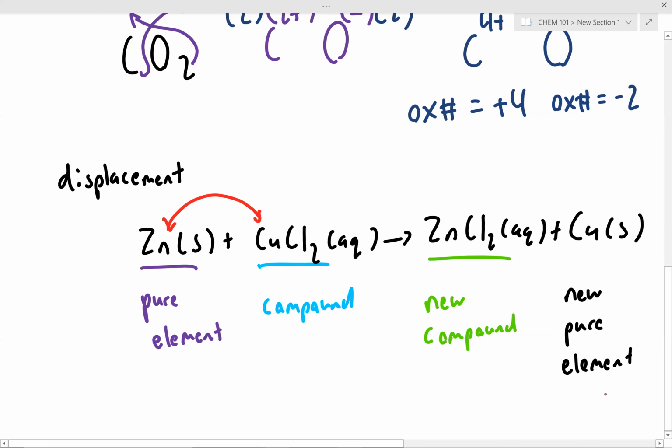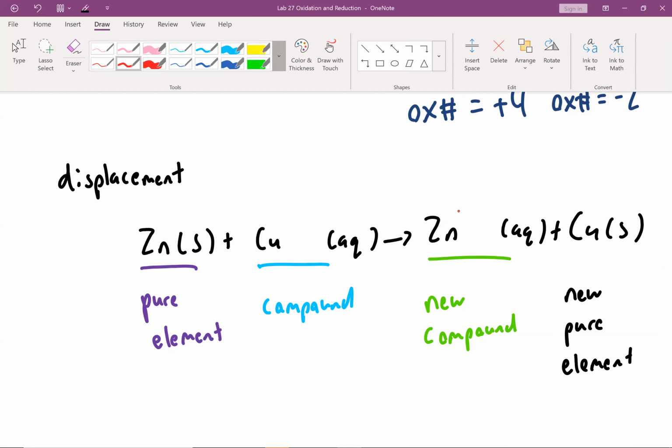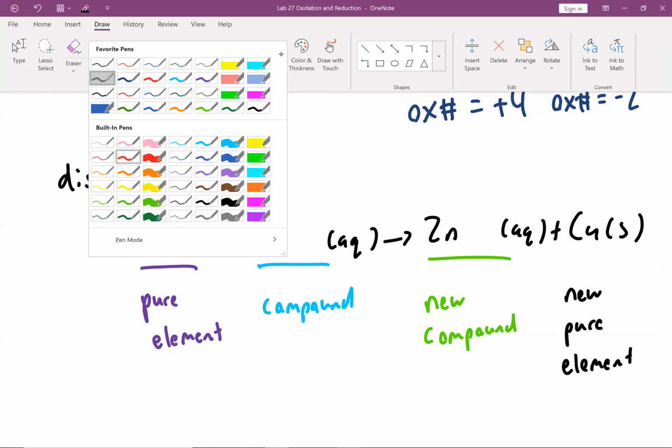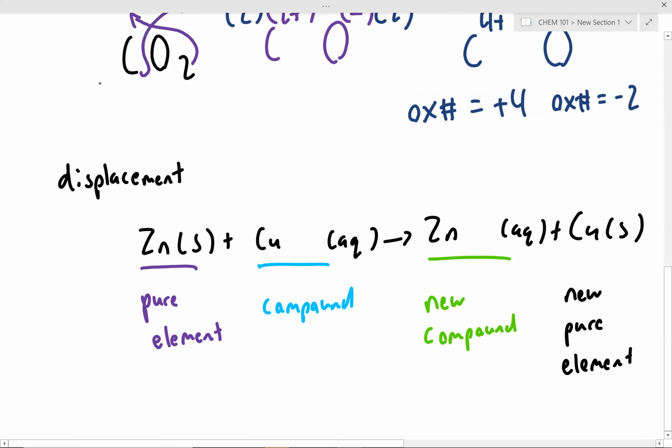Okay? Now, with that said, what we're going to do in this experiment is look at a series of displacement reactions. And to make these a little more appropriate for the laboratory, let me change these all to the nitrate salts. Why am I changing all of these to the nitrate salts?